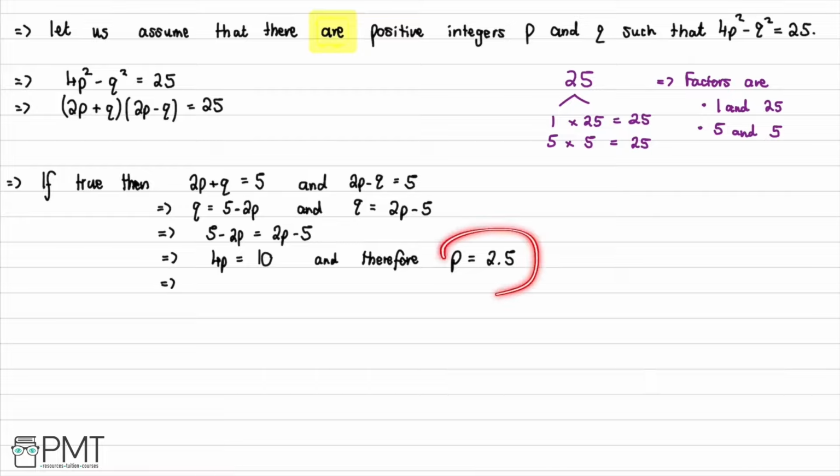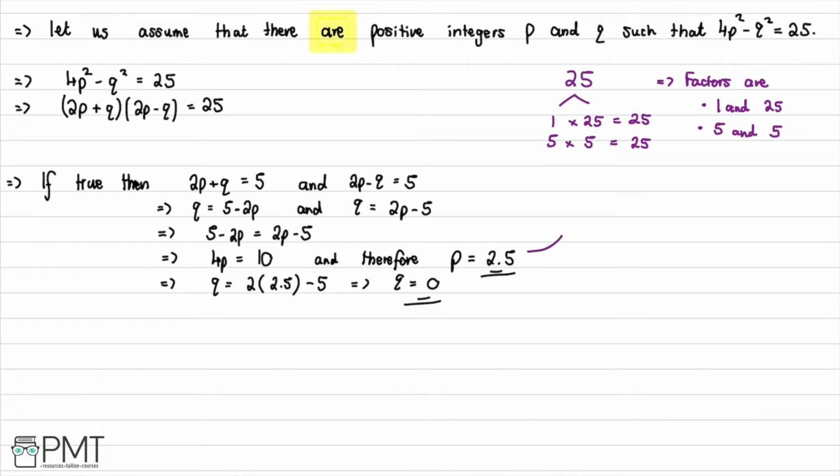Therefore, we can use our value of p in this equation here to work out the value of q. So q is going to be equal to 2 multiplied by 2.5, and then we subtract 5. 2 multiplied by 2.5 is 5, and 5 minus 5 is 0. So therefore, q is equal to 0.